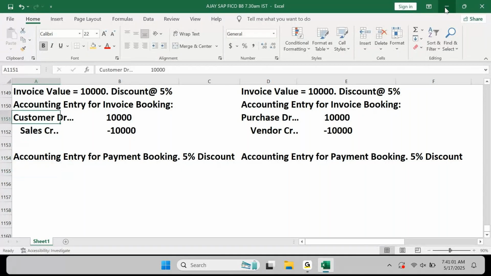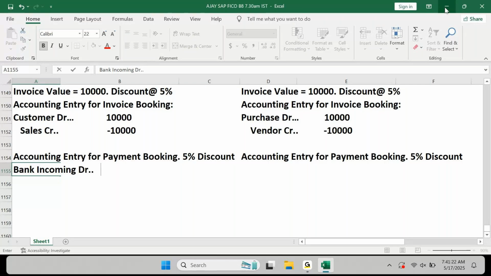From the customer, are we receiving the money or giving the money? We are receiving. So bank incoming debit. How much do you receive? 9,500, because you are giving 5% discount. So 500 rupees, the customer will short pay 500.